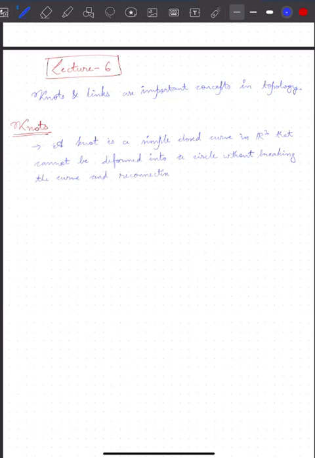So that's what we mean by a knot, right? Intuitively speaking, that's how we understand a knot also, isn't it?